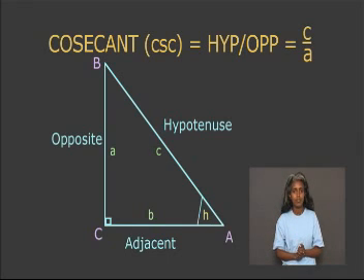The cosecant is the ratio of the length of the hypotenuse to the length of the opposite side. In this case, that would be C over Y.